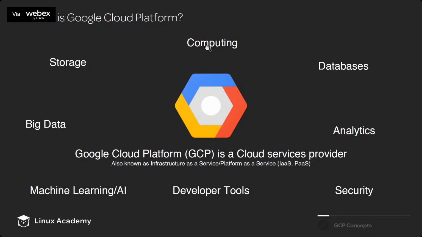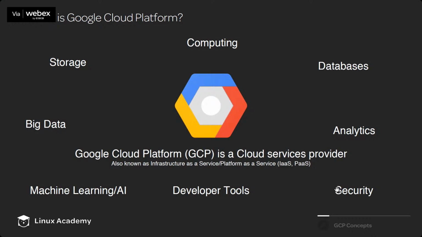Now, the moment you're talking about storage, the next typical application would be, apart from storing files, you would also like to store data. So databases come into the picture, big data comes into the picture, where we are talking about data warehouses, etc. Once you have data warehouses, you will typically have some sort of analytical applications.